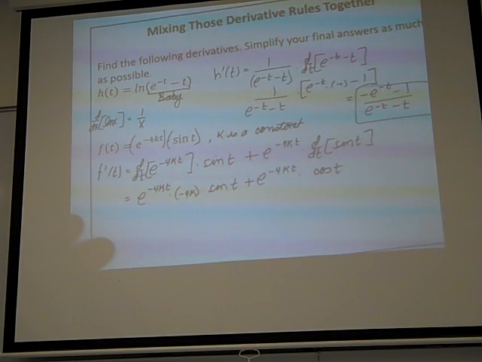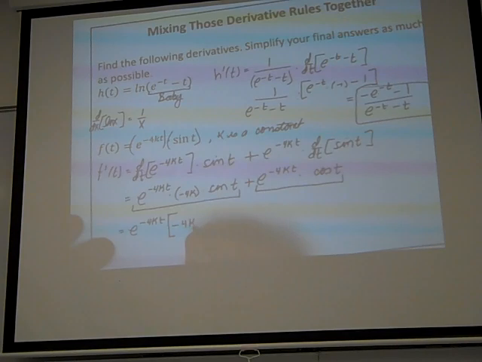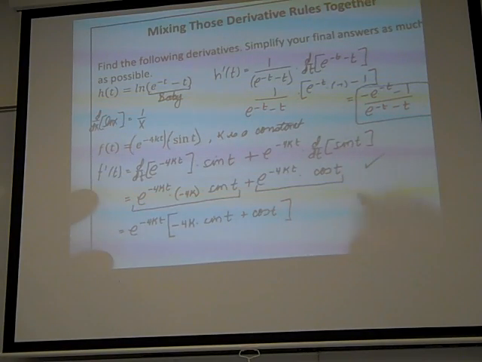Depending on the problem, you might stop there, or you might look at this term and this term and recognize that there is a common factor of e to the negative 4kt, which you can factor out, leaving you negative 4k sine of t plus cosine of t. That's also the final answer. So you could stop over here, you could stop over here. Both of those are perfectly legitimate final answers.